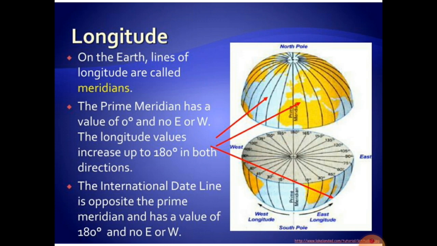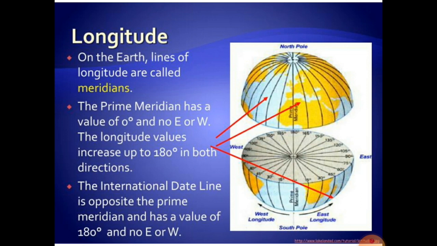All the longitudes are not at the same distance everywhere. You can see that near the poles, the distance between the longitudes is very less, and exactly at the equator, the distance between two meridians is the maximum.